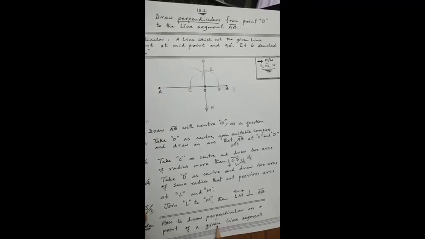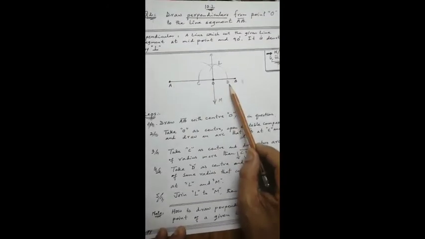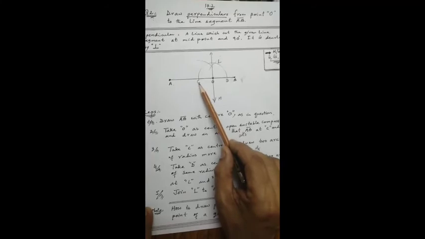How to draw the perpendicular on a point of the given line segment? We have 5 steps. Number 1, draw the same question. Number 2, take O as center, draw an arc that cuts AB at the points C and D. Now third step, from C draw an arc. You can draw arcs up and down also, but I have put the arc up only.